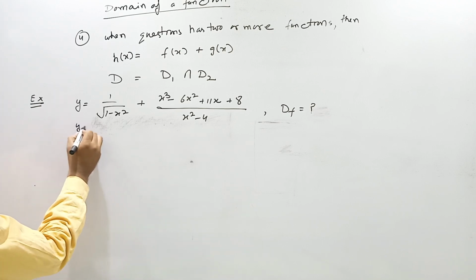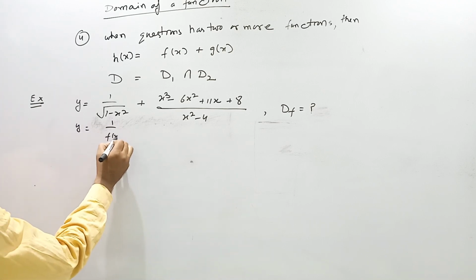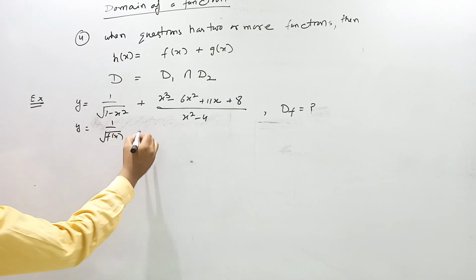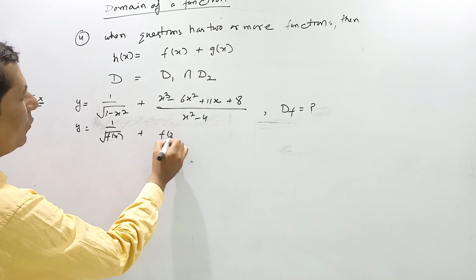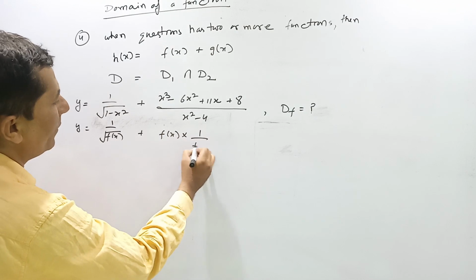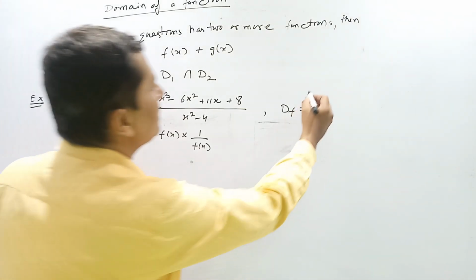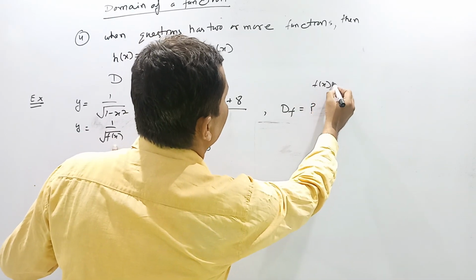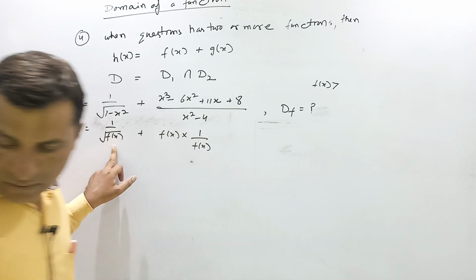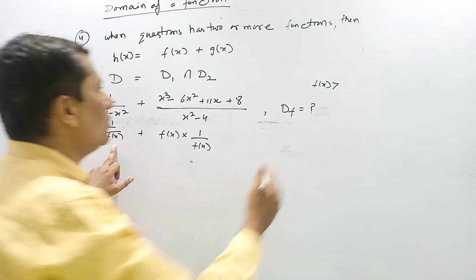this function is y equal to 1 upon root of f(x), plus something, this is equal to f(x) into 1 upon f(x). Understand? In this case f(x) should be greater than 0.